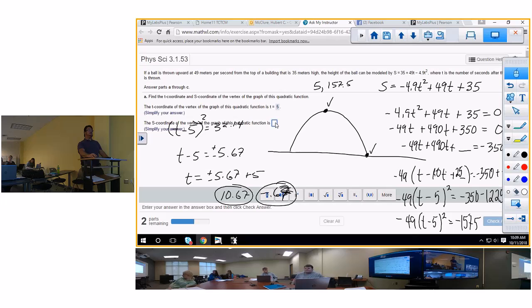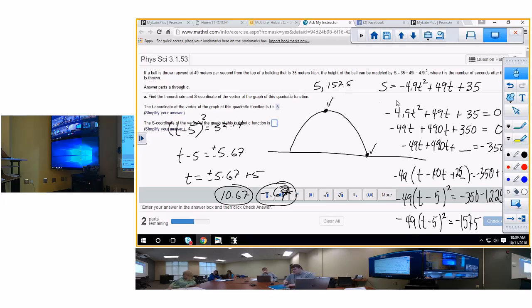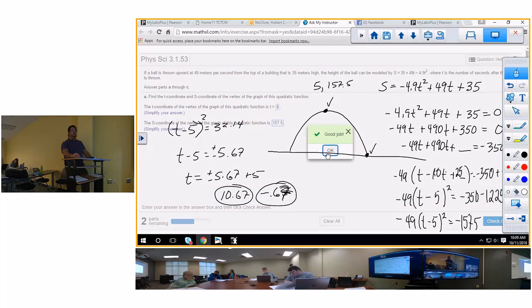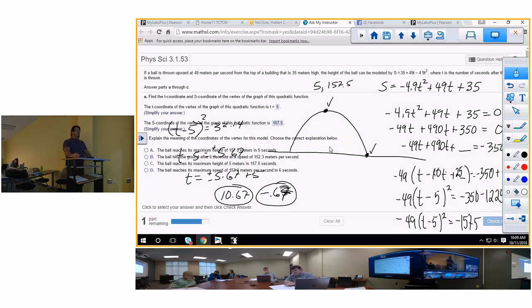The vertex is 157.5. Explain the meaning of the coordinates of the vertex. Well, at 5 seconds, the highest point is at 157.5 feet, or whatever units they're using. The ball reaches its maximum height. That looks good to me right there.